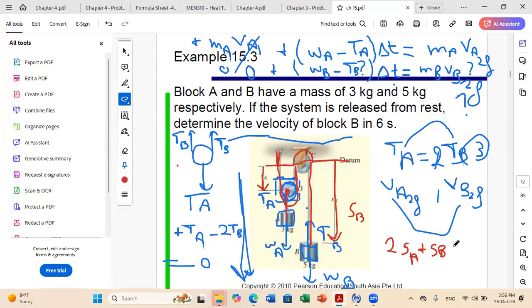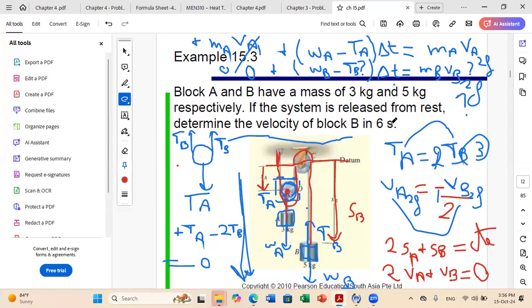So if I differentiate, I get a relation between velocities: 2VA plus VB is equal to 0. And therefore, I can relate velocity of A: VA2 final is minus VB2 final over 2.